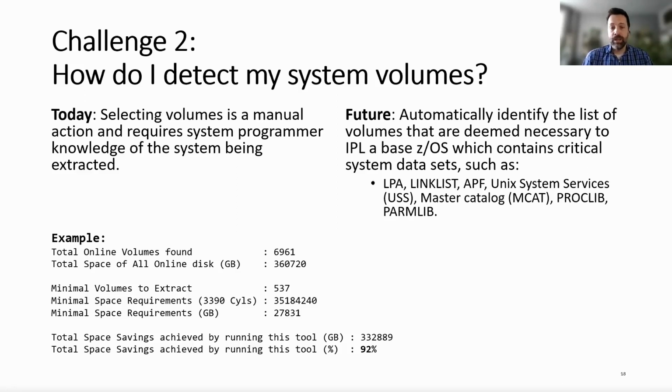So we collect the information about the system and try to understand what the system looks like, and then figure out which volumes contain these critical data sets, so that we can say, programmatically, at a minimum, here's the set of the volumes that you need, without any real human intervention.